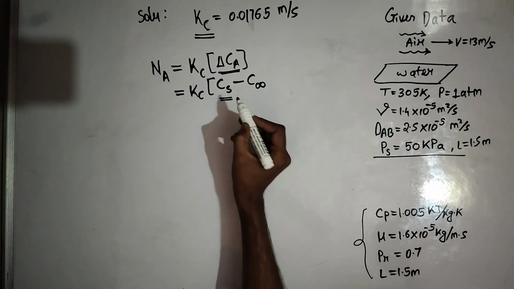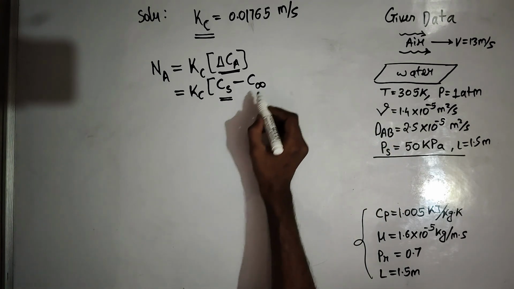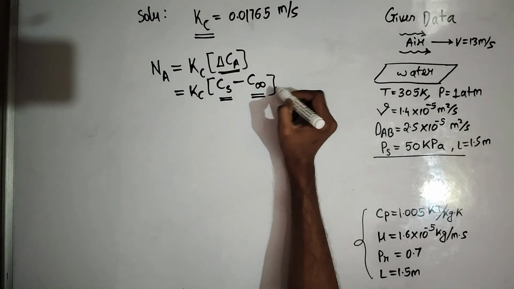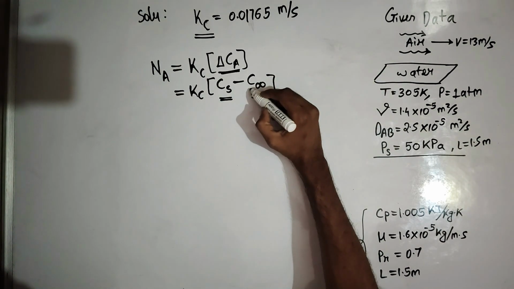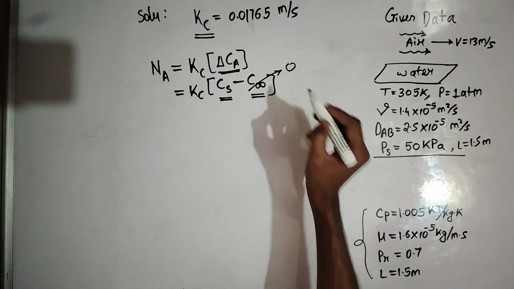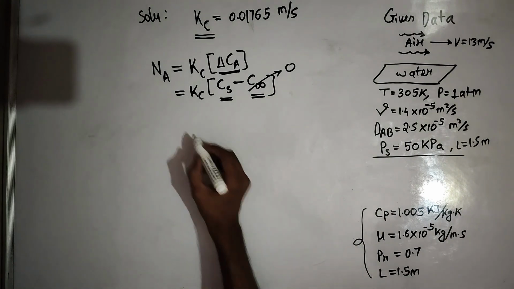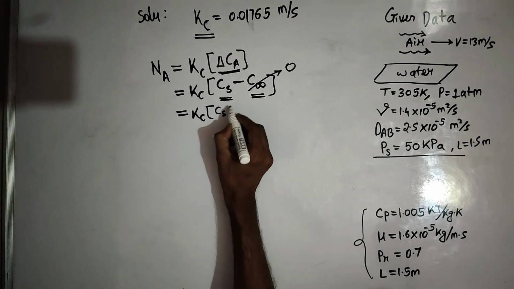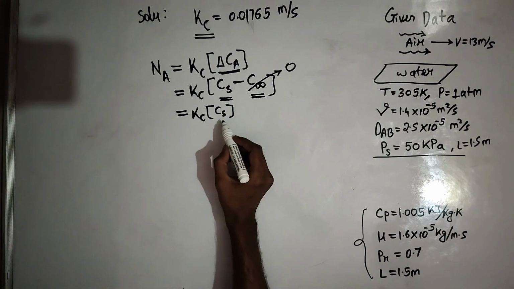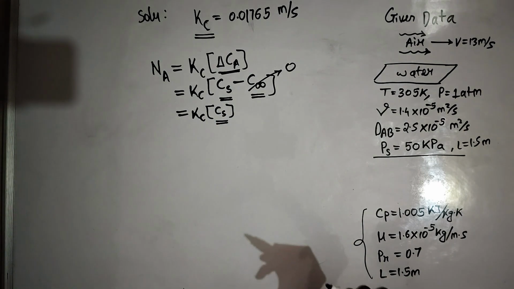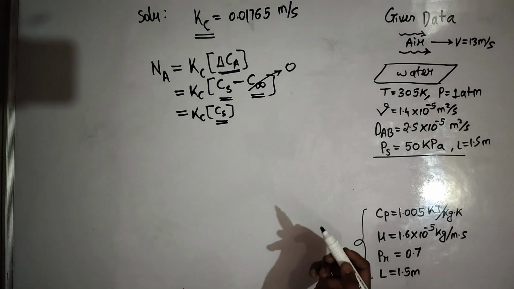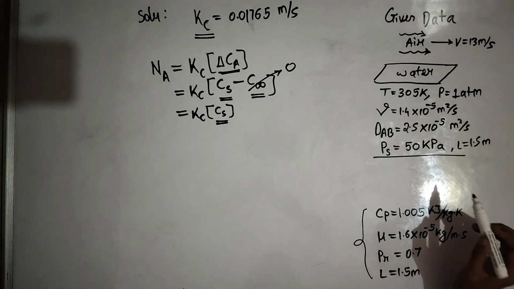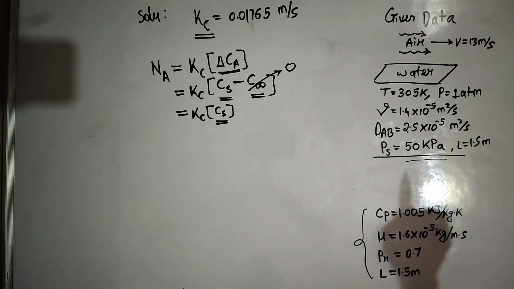Here Cs is the concentration of water at the surface and C infinity is the concentration of water vapor in the air. As the water vapor in the air is considered negligible, we will put the value of CA infinity equal to 0. So Na equals Kc into Cs. But in the problem, we are not provided with the concentration of water vapor at the surface, but we are provided with the partial pressure of water vapor at the surface, which is 50 kilopascal.